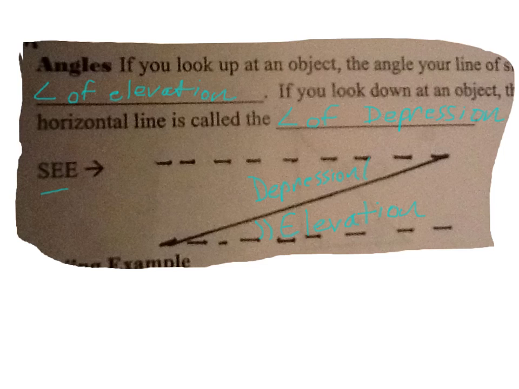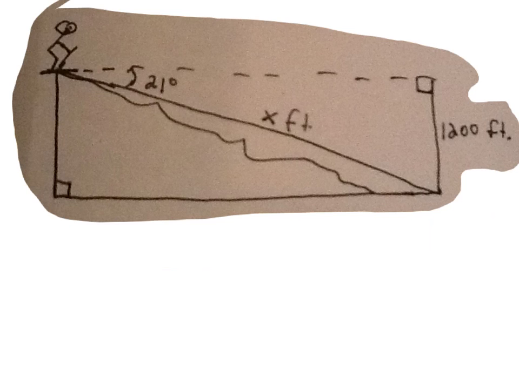Okay, so that's the vocab, and using these we can figure out more real-life examples, like the skiing example next. In this skiing example, I'm given the angle of depression, because the skier is standing up here on the hill looking down.